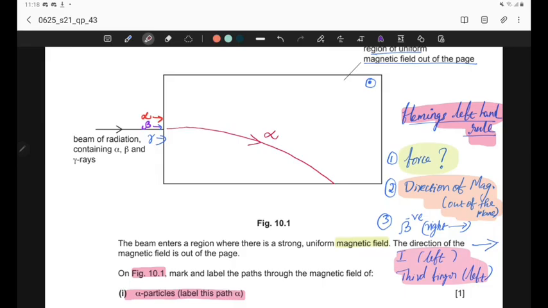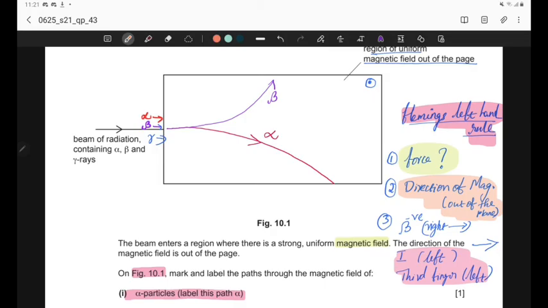So the third finger you should point towards left, just the opposite direction of the flow of beta particle. Now you can point your left hand according to this direction, that is the second finger out of the plane, which indicates the magnetic field direction, and the third finger should be pointing towards the left of the paper. Therefore we can see the thumb pointing upwards, so the beta particles will be moving upwards.